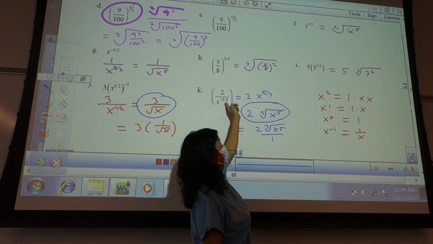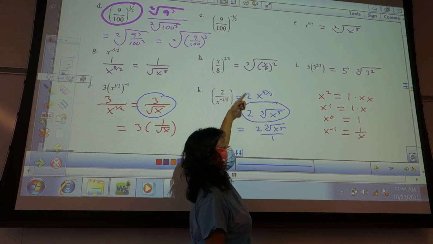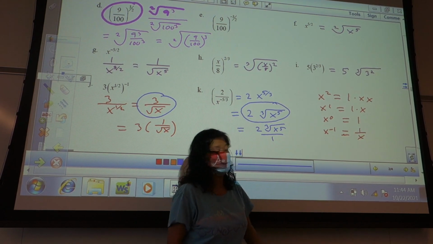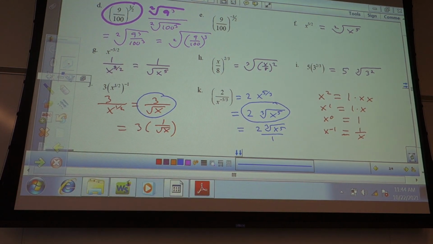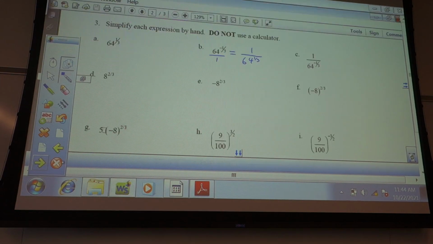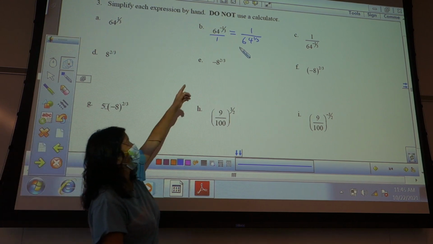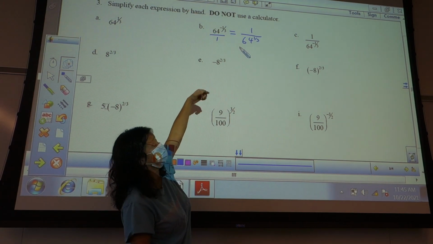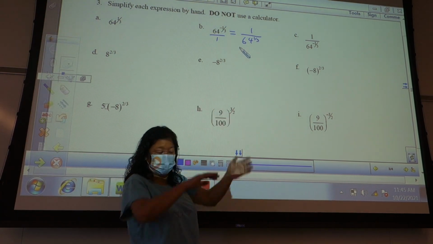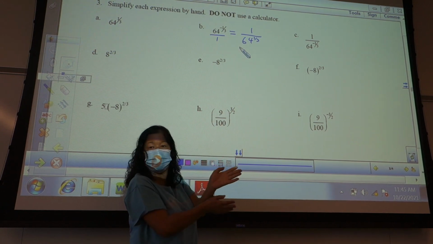That's what that negative exponent means. It means move it to the other side. So that's all I did. I just moved it to the other side. I divided by it. If it's on top, move it to the bottom.